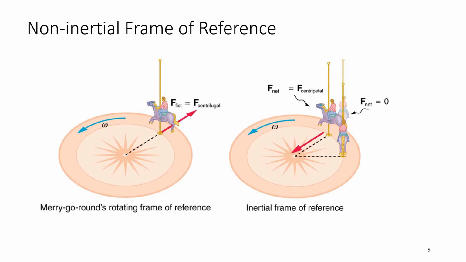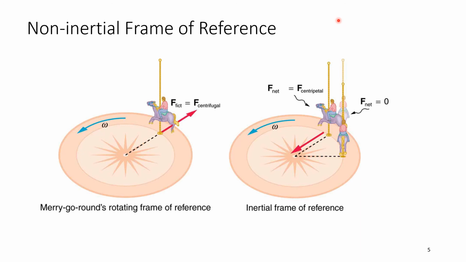The same case applies to the merry-go-round. A rider on a merry-go-round feels as if he is being thrown off. This fictitious force is called the centrifugal force, and it seems that one must hang on tightly to counteract this centrifugal force.